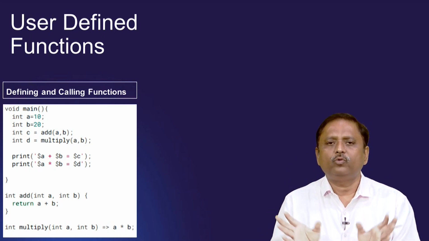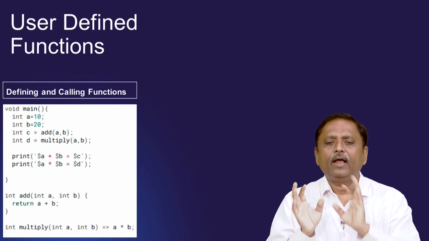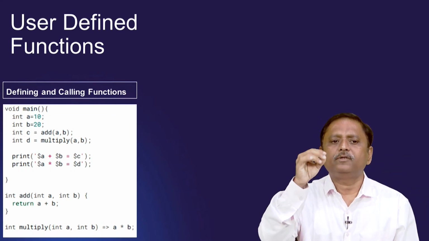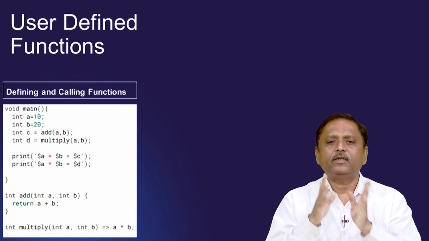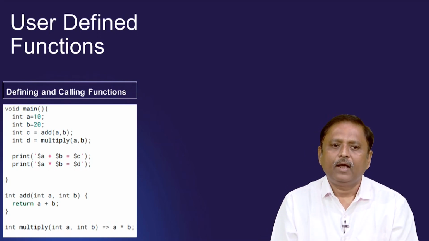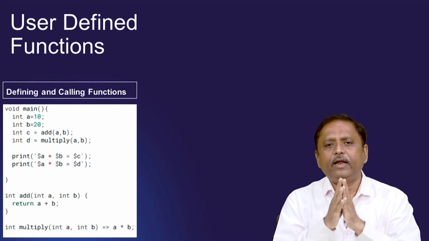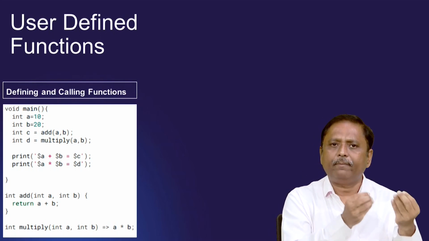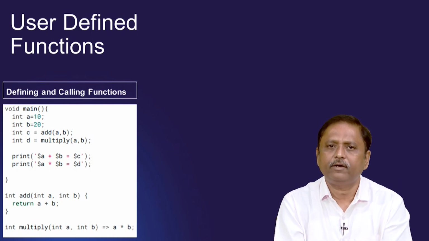It adds the values a and b and returns that value inside c. So, now the value of c will be 10 plus 20, which is 30, and when I call the multiply function I can assign its value to some variable of type integer because it returns an integer value.